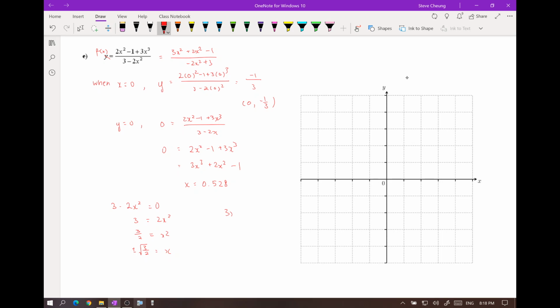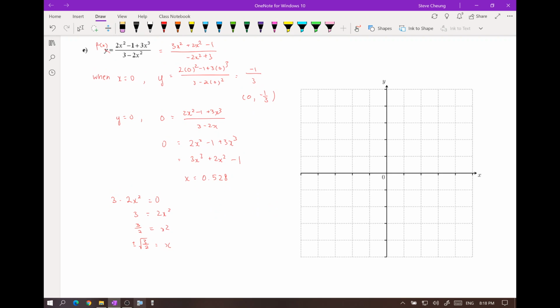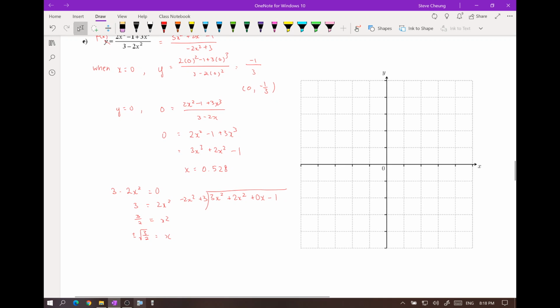I'm just going to be rewriting this. Okay, so kind of want to do synthetic division this time. 3 to 0 minus 1. And then, no, but you see how this will be fraction now. So it's a bit annoying. Let me just switch it back to the long form. And we're going to have fractions too.